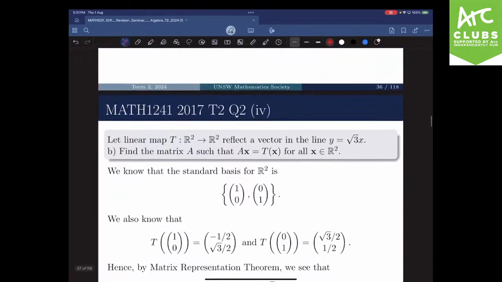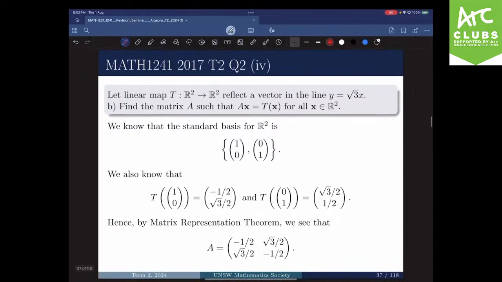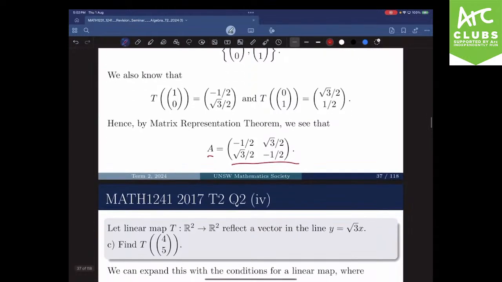We note that our standard basis for R squared is just this, and that we find the images of our standard basis vectors under our linear transformation T. From the matrix representation theorem, which we saw earlier, we get that our A is just equal to this 2 by 2 matrix.